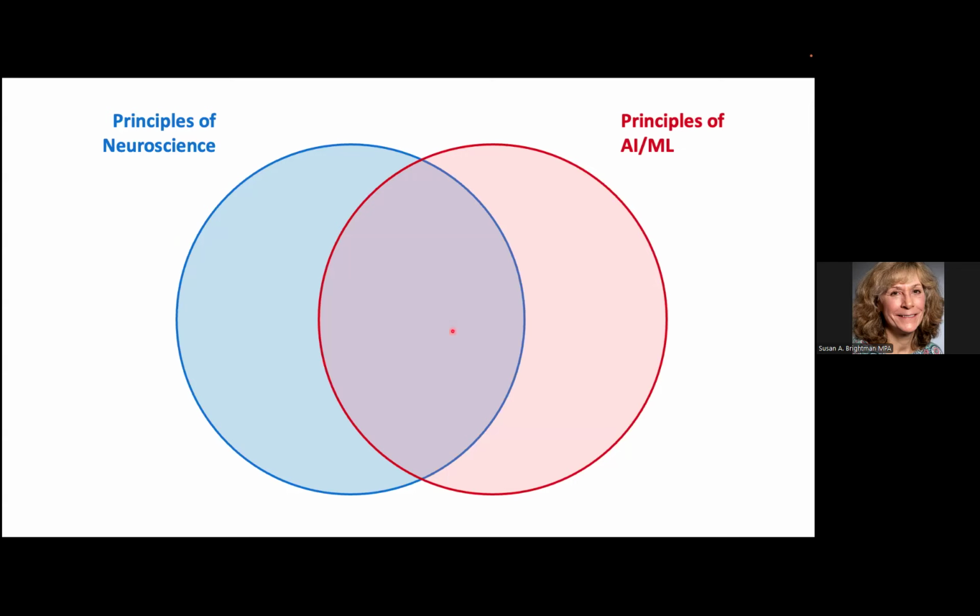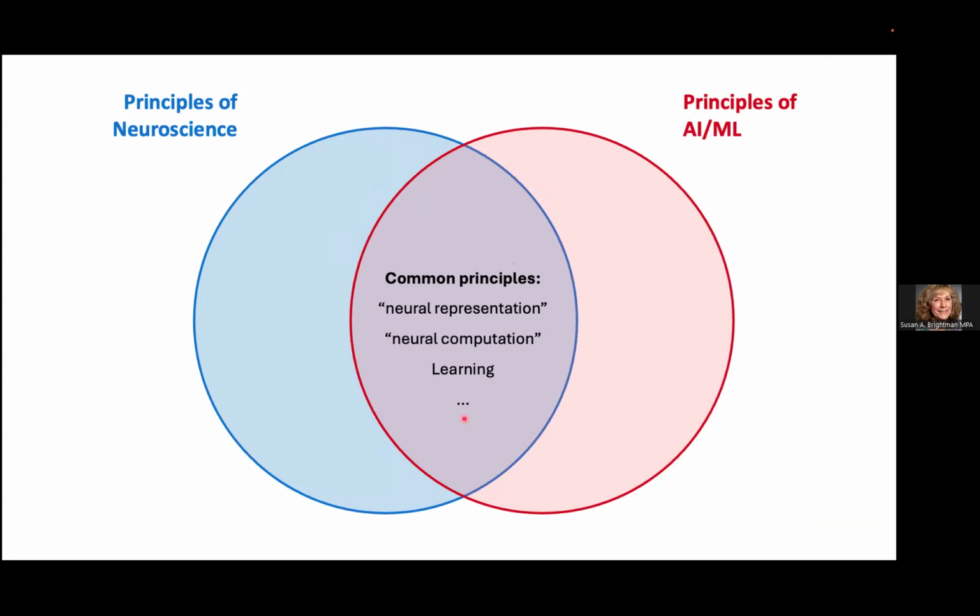And at a really high level, my research sits in this Venn diagram intersection of looking for the principles that help us explain biological neural systems and the principles that let us design and analyze machine learning systems. So based on the language from the previous slides, you might say that there's some commonalities here in that both neuroscience and deep learning use terms like neural representation and neural computation and learning and other things like that. So I'm interested in, how do we think about these ideas and what is this intersection?